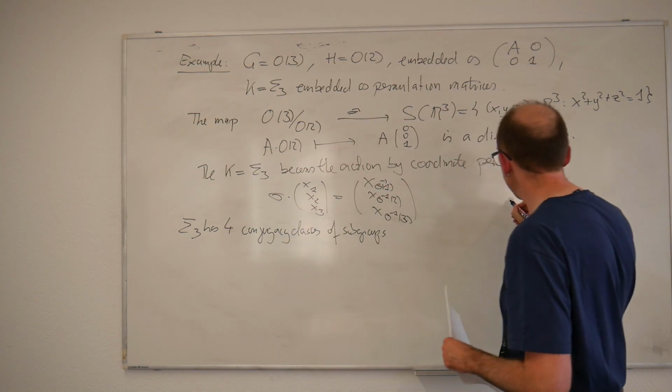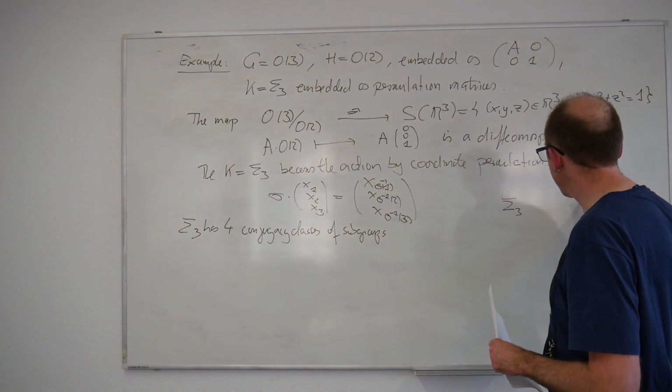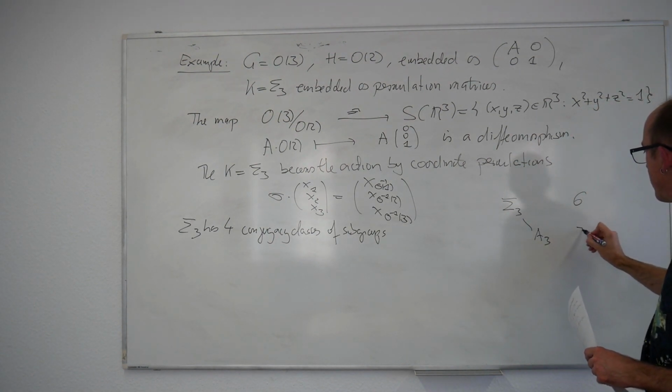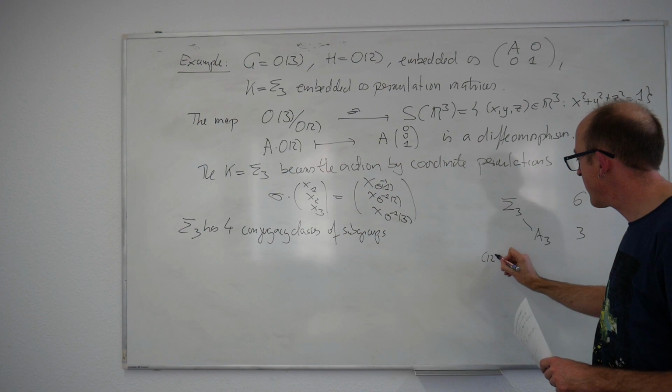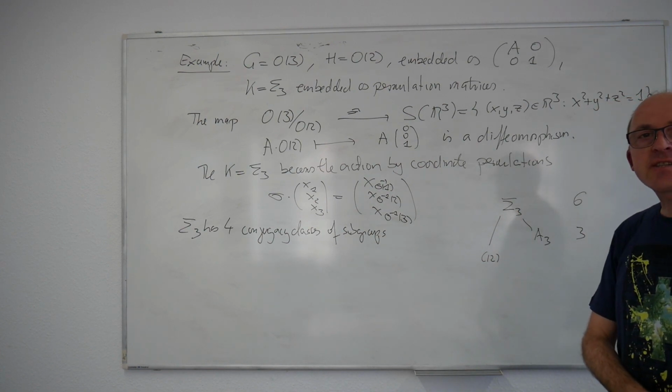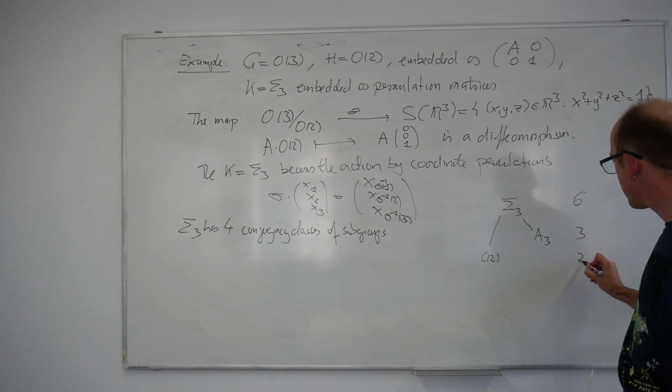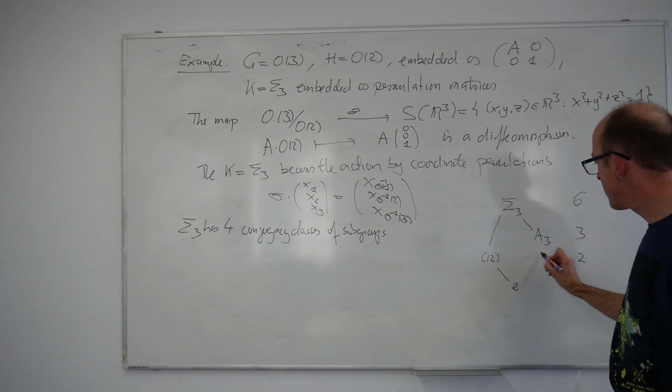So let me draw them here. We have the full group sigma 3, which has 6 elements. Inside we have the alternating group with 3 elements. Then we have any of the 3 subgroups generated by the transpositions. They're all conjugates, so this is a representative of order 2. And we have the trivial subgroup.